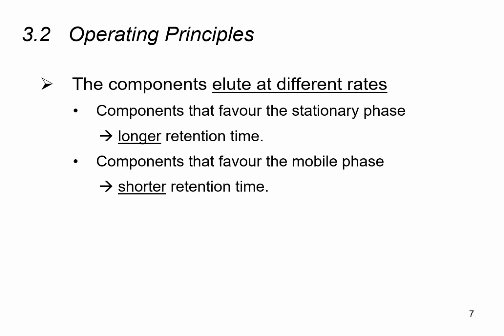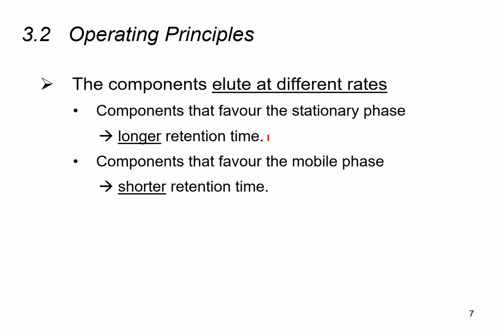So just verbalizing some of the things that we talked about in the previous picture. The various components represented by the red molecules and the blue molecules elute at different rates. So elute means to leave the column and to reach the detector, right? And this amount of time that it takes to leave the column and reach the detector is called the retention time.